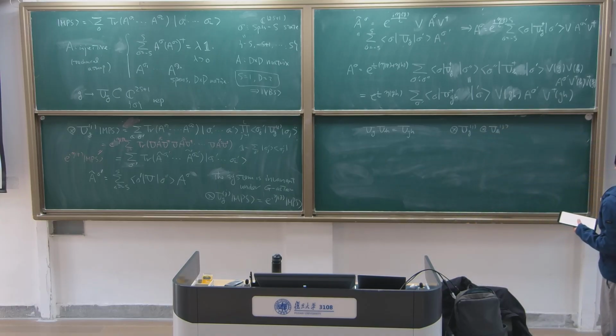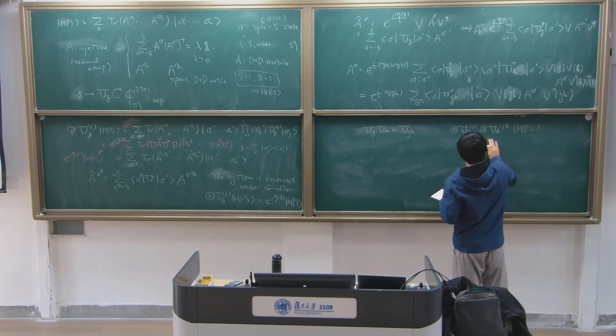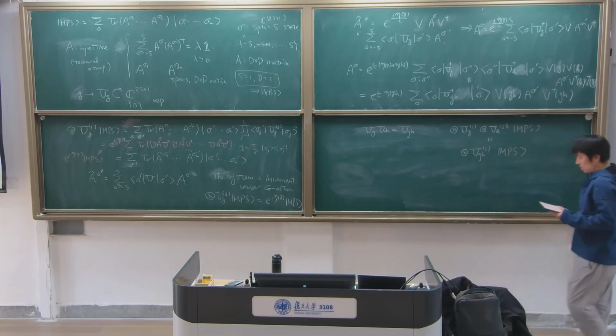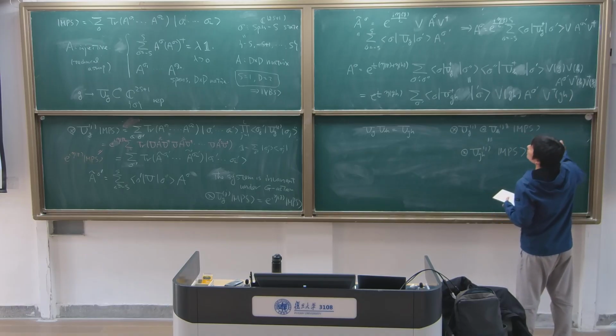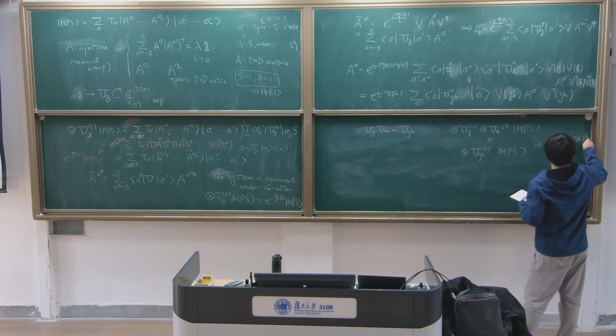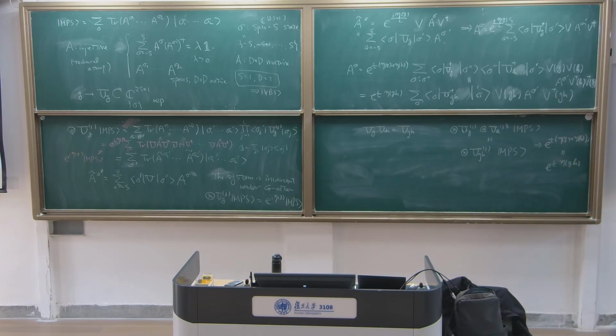I hope this is okay. Yeah, I think it's okay. Acts on MPS should be equal to U G H acts on J acts on MPS. So that's what I did. So this means that E to the I over L and G plus H is equal to E to the I over L and G and H. Fine.